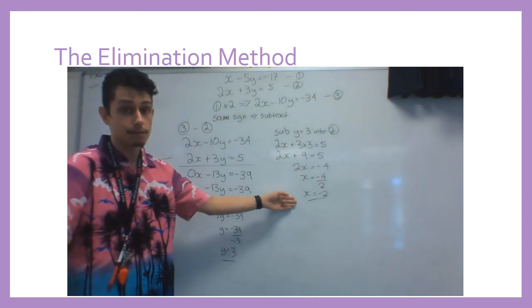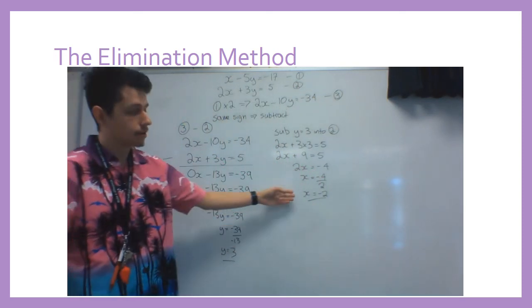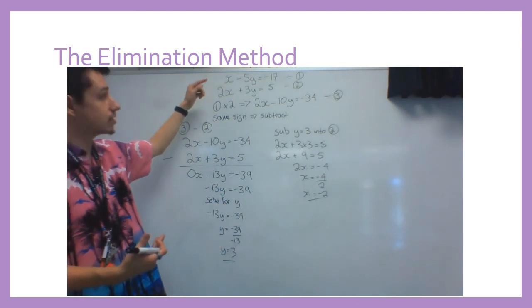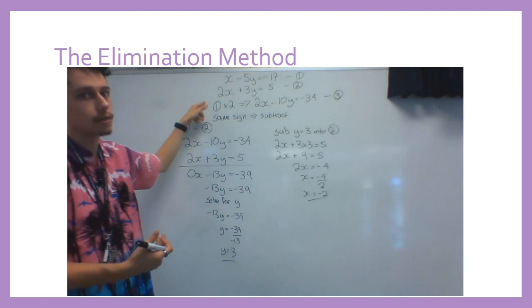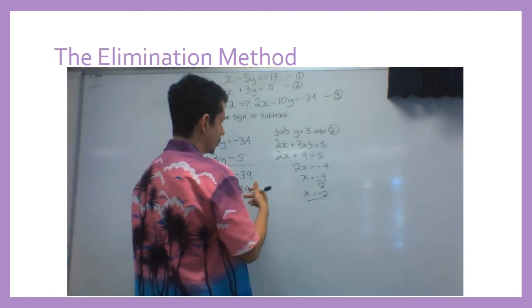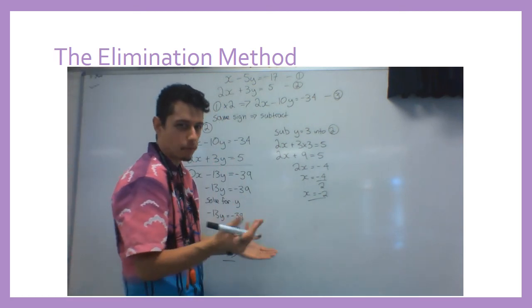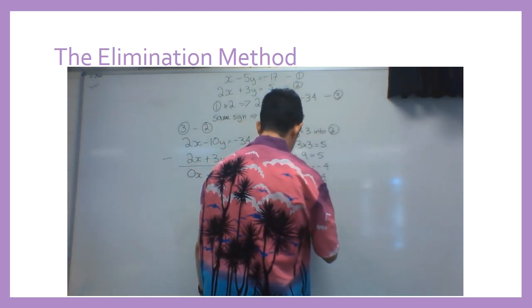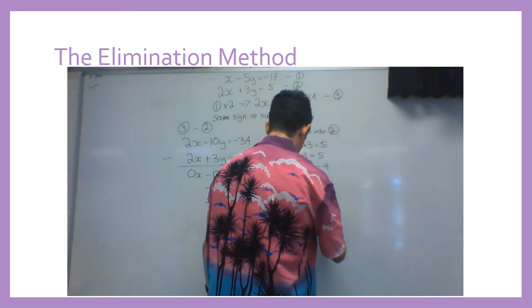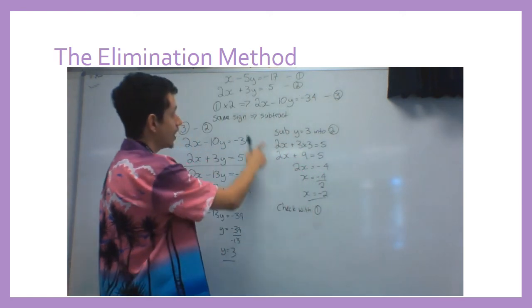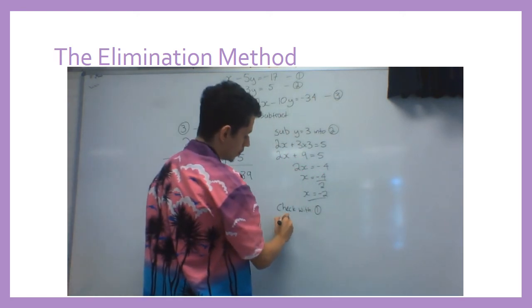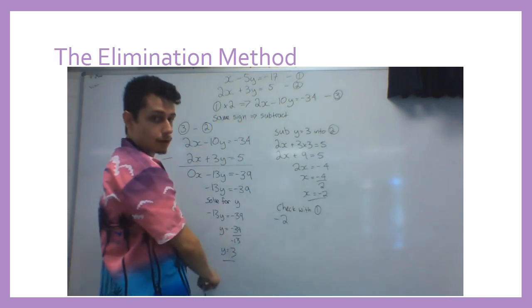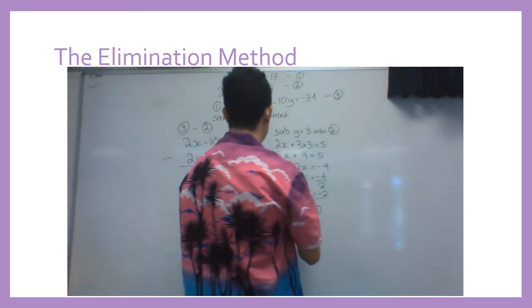So now I'm done. I've got my 2 variables. Once again, we are going to check. I'm just going to check with equation 1. Once again, it doesn't matter which one I check with, but I'm just going to check with equation 1. Why not? Everywhere I see an x in equation 1, I'm going to put a negative 2. And everywhere I see a y in equation 1, I'm going to put a 3 instead.